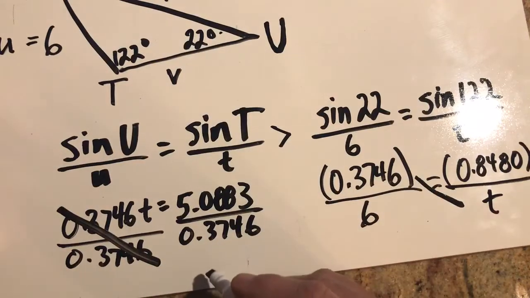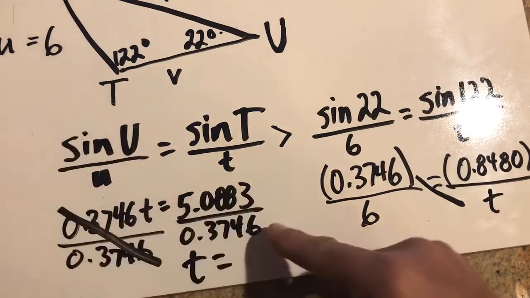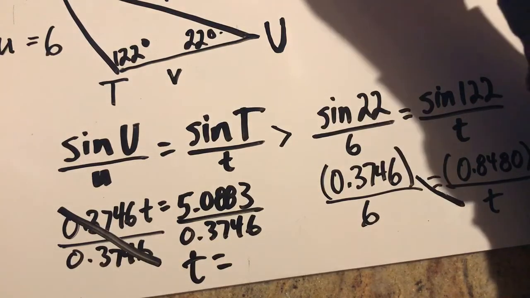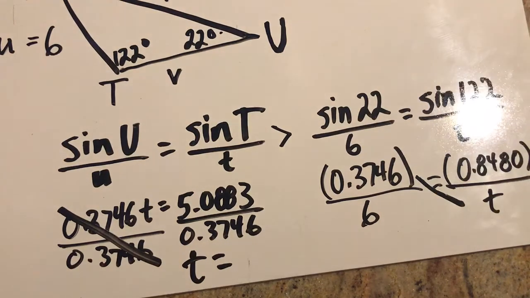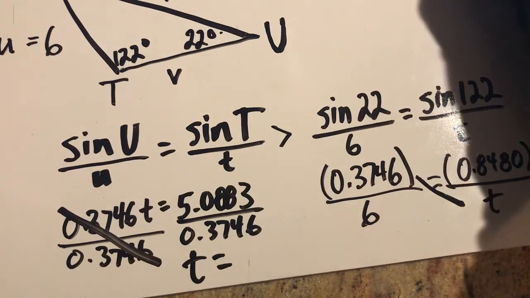So t equals whatever this is. I'm getting there. 5.0883 divided by 0.3746.